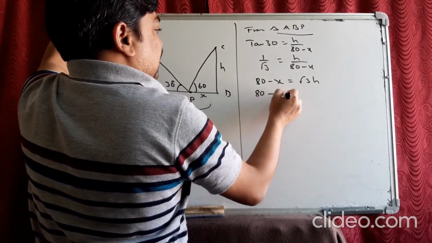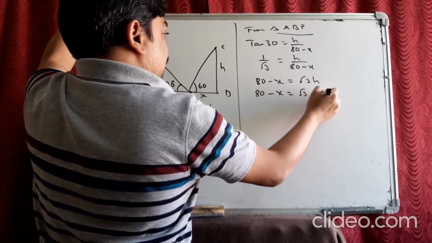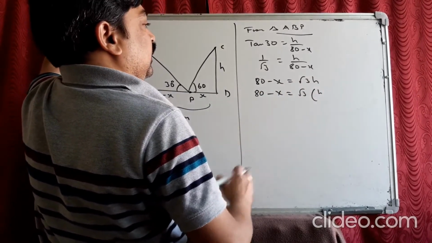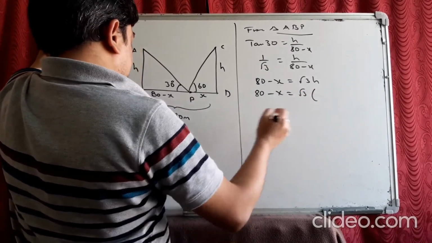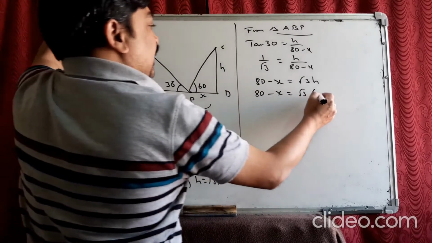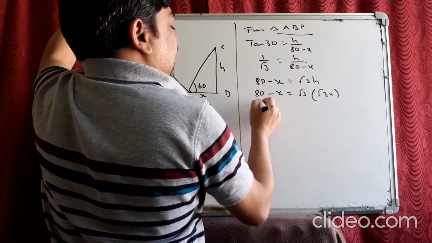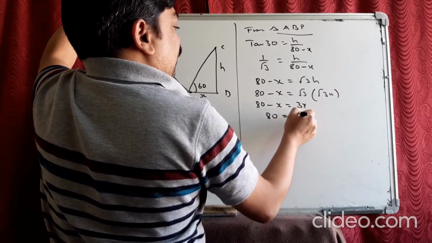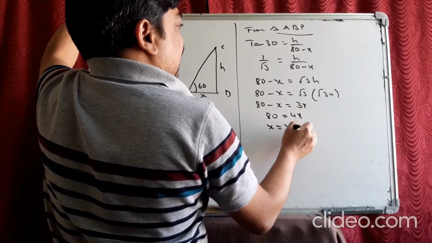So 80 minus x equal to root 3 into root 3 x. So 80 minus x is 3x. 80 is equal to 4x. x equal to 20 meters.